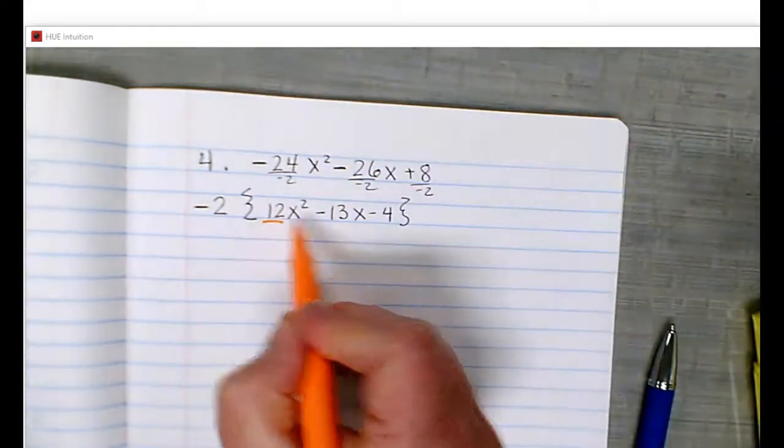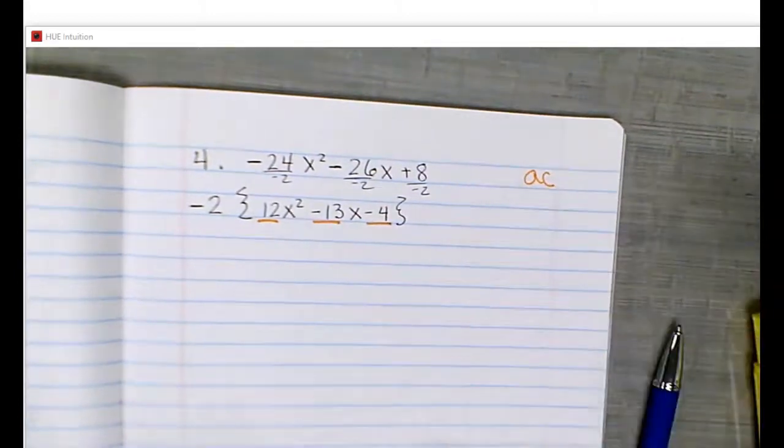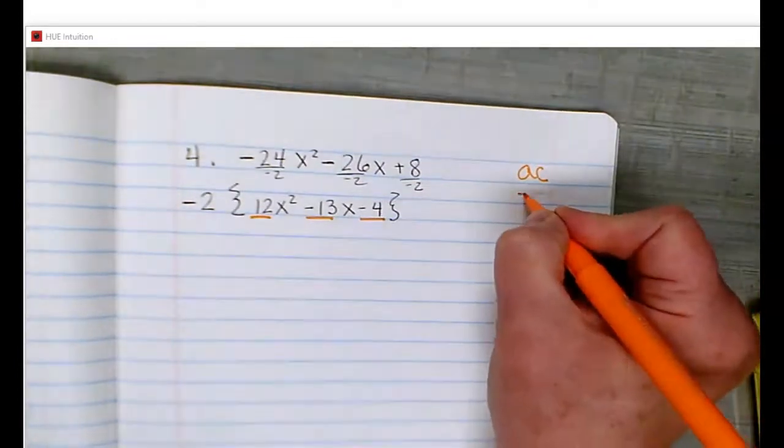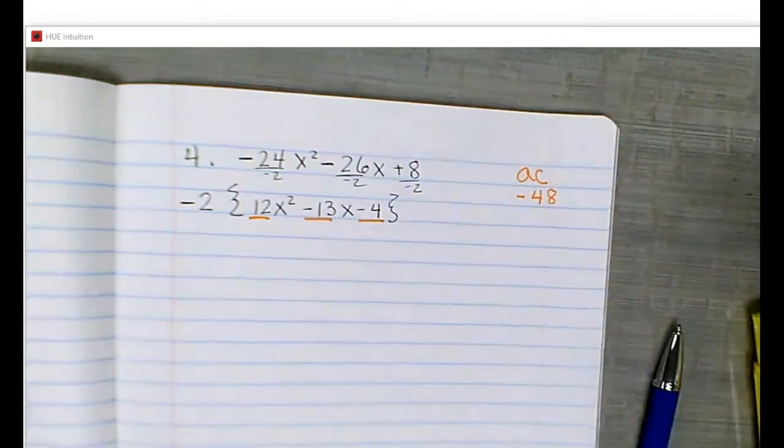This is the A, the B, and the C. What do you get when you multiply the A times the C together? Did I multiply correctly?